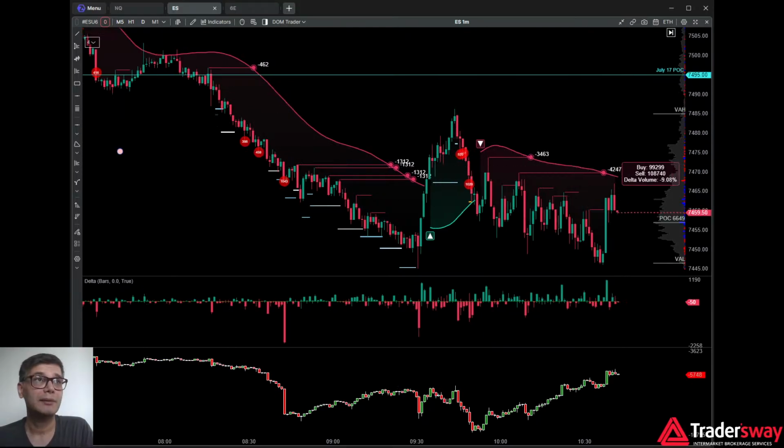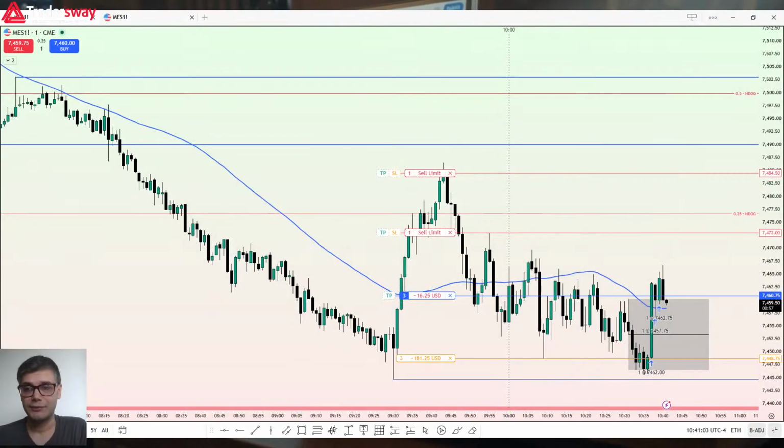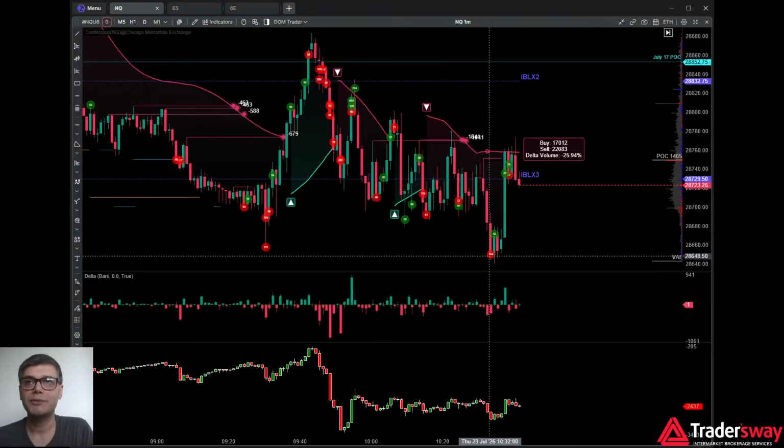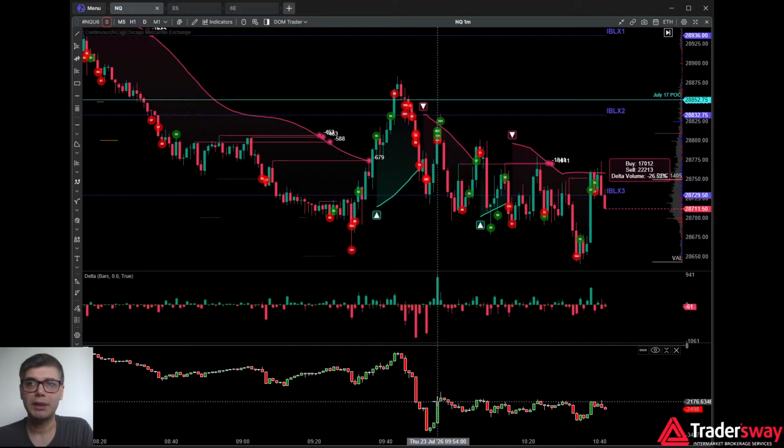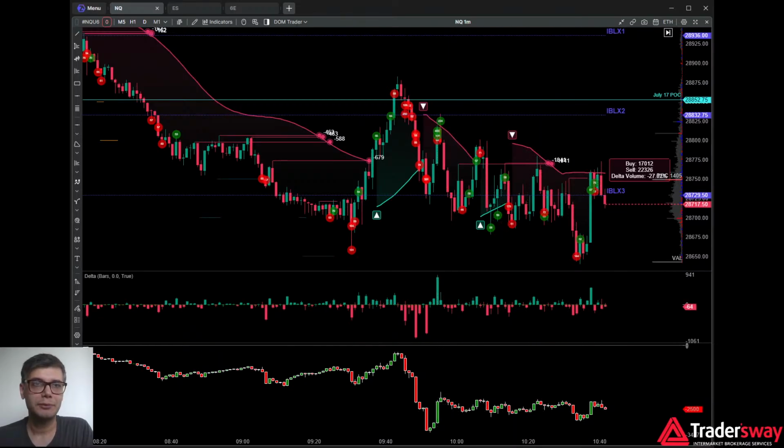That means we have passive sellers in the market, but those passive sellers are not in NQ. So there's divergence between NQ and ES. NQ has more beautiful price action.